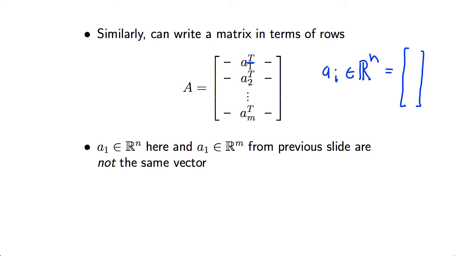This is different from the A1 we saw on the previous slide. On the previous slide, A1 was a vector that represented the first column of the matrix. And these are different vectors, right? A1 here is a vector in Rn, and A1 on the previous slide was a vector in Rm. They aren't even the same size. And even if they are the same size, they can be referring to different vectors here.